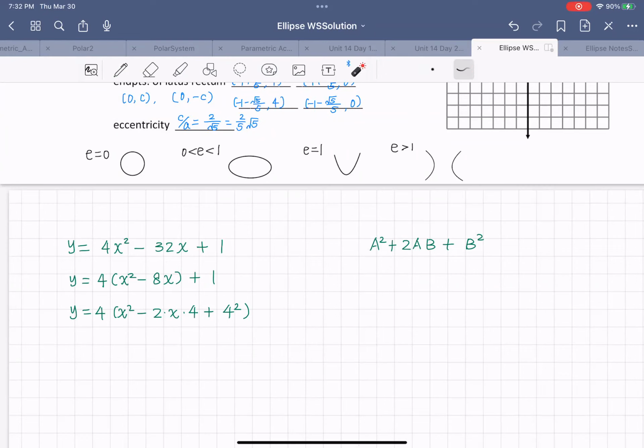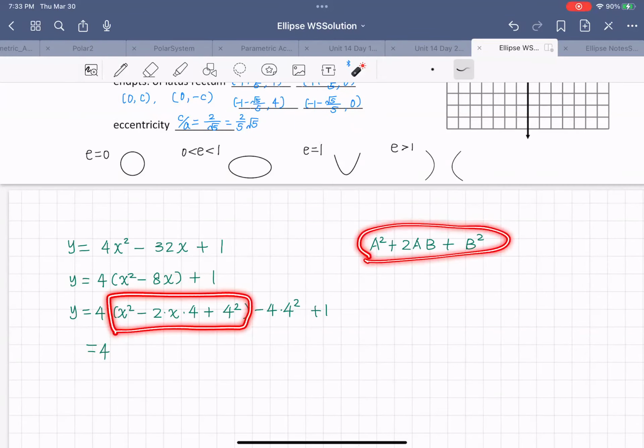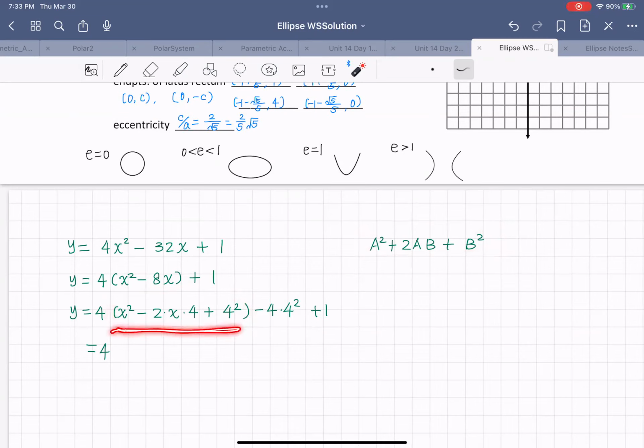You might say, hey, I don't have the 4 squared. I know, but that's why you do it, and then you will balance it. Plus 1 is the guy you copy down. This term matches. This is the extra thing. To balance, you will minus 4 times this guy squared. Minus 4 times 4 squared. And then you need to tell me this is correct. Who is this? x minus 4, this is your b.